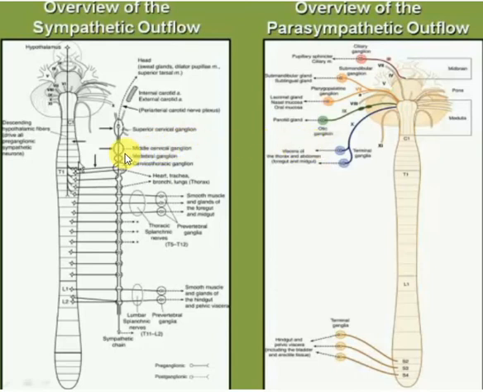For example, the sympathetic system will dilate the pupil, and the parasympathetic system will constrict the pupil. The sympathetic system will constrict the sphincters, and the parasympathetic system will dilate the sphincters.